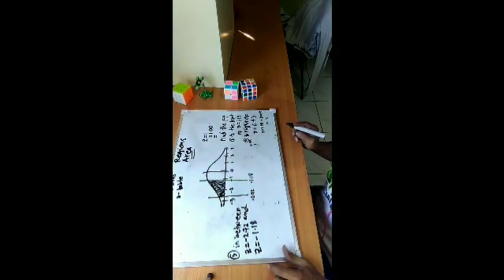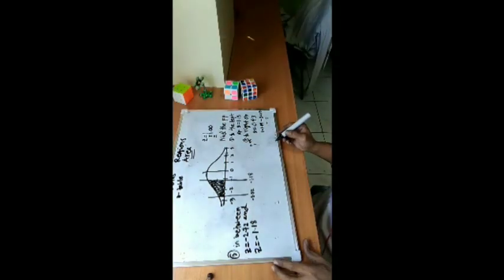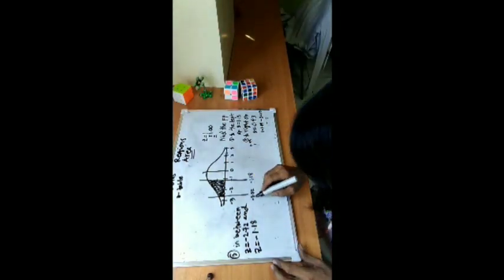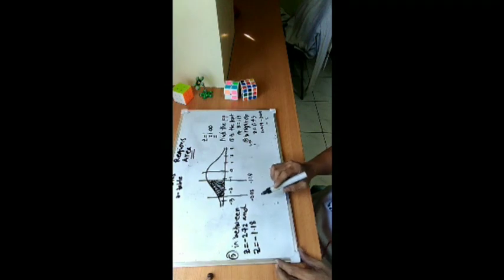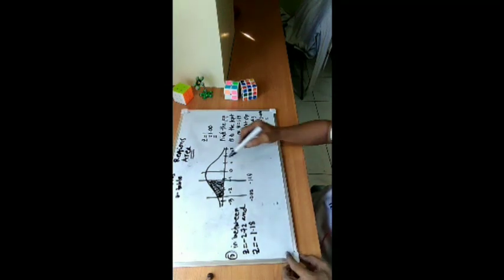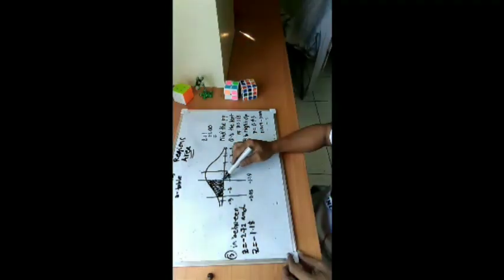How will we find the area? Simply subtract the area from 0 to negative 2.72 by the area which is from 0 to negative 1.18.